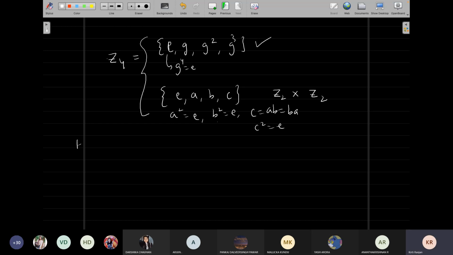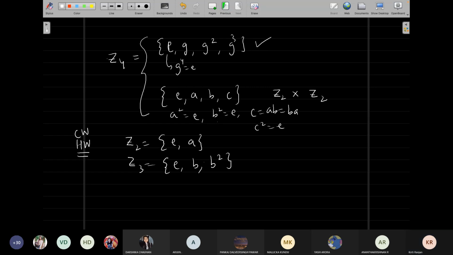And how can we know that we have understood it? So maybe let's do it as classwork. Let me give you a two element group, E, A, and another group Z3, E, B, B square, such that every element is commutative, and identity is commutative anyway.